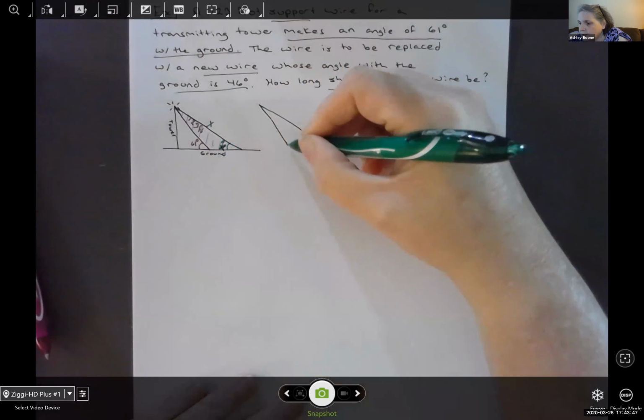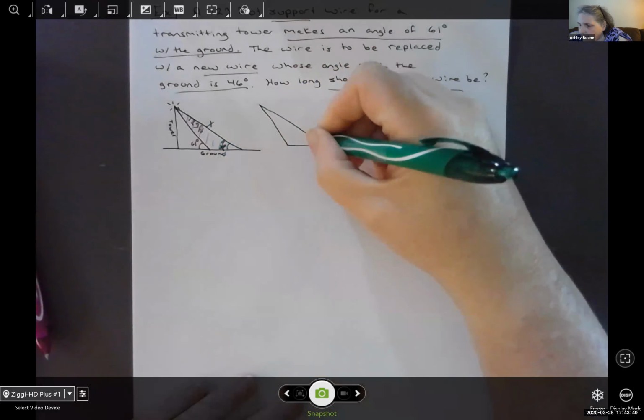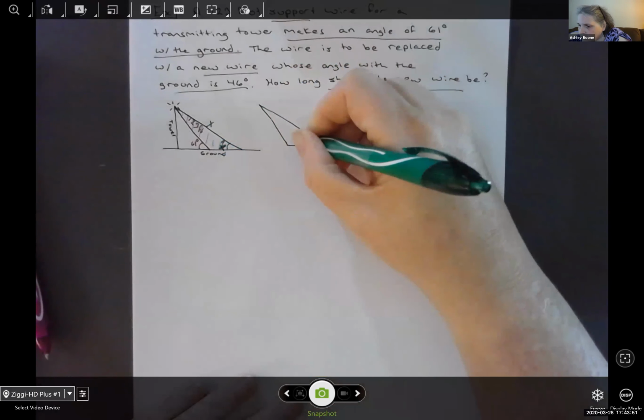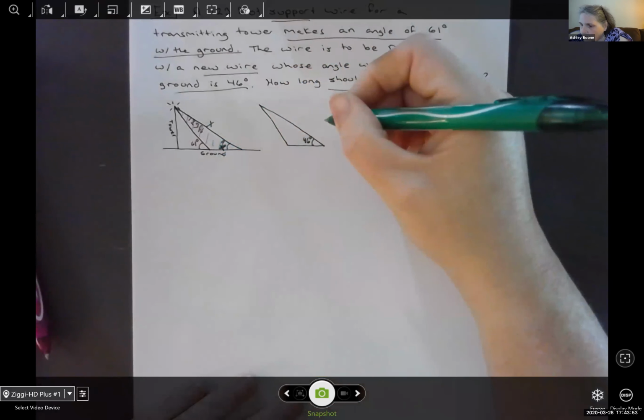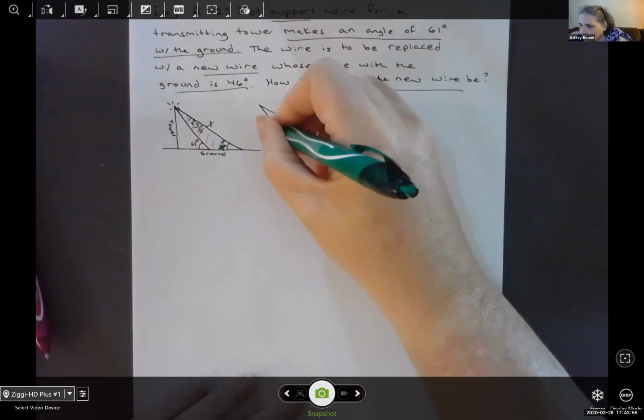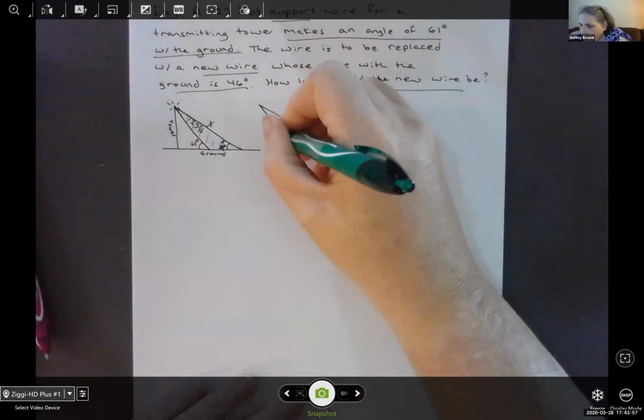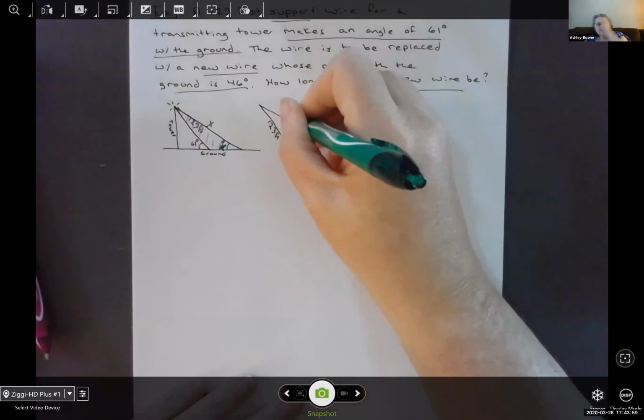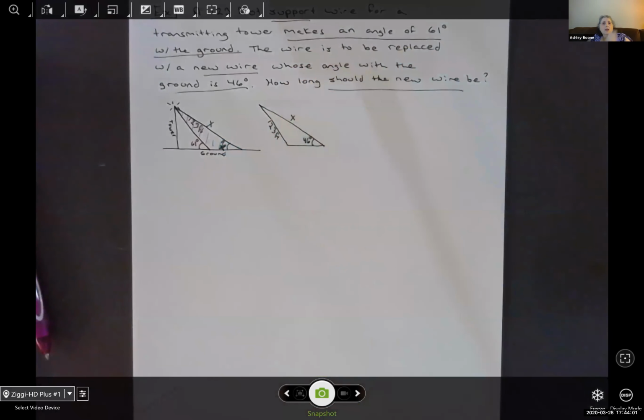You have the ground here. We know that this angle is 46 degrees. We know that this side is 123 feet, and we're looking for that there, okay?